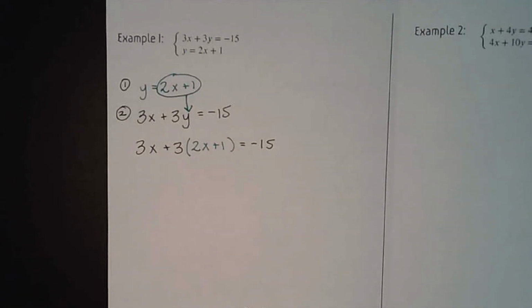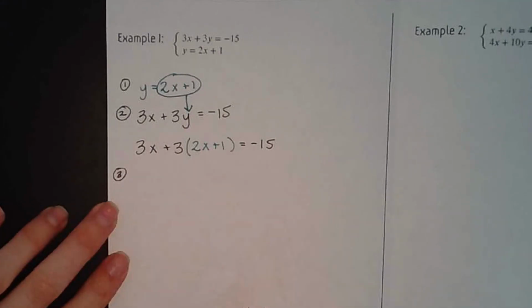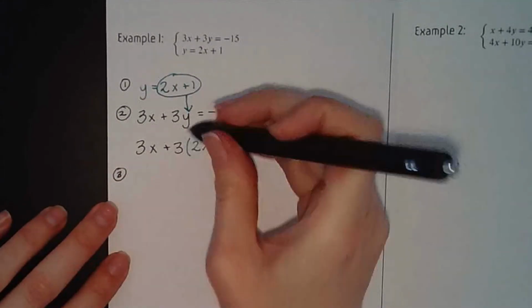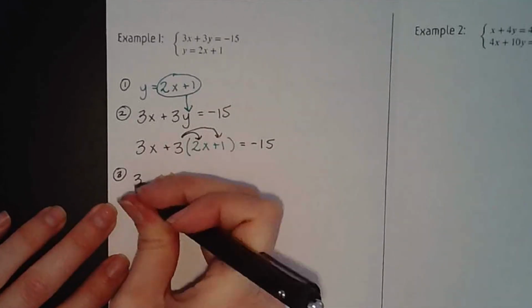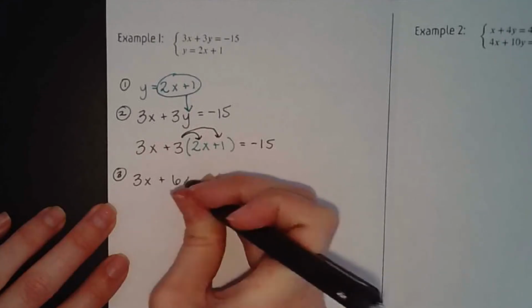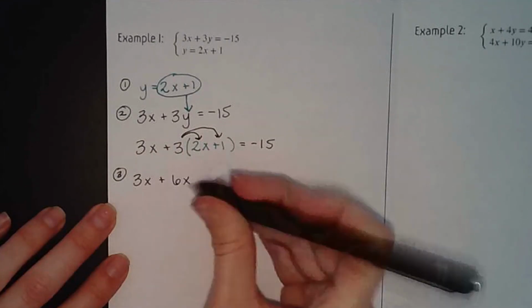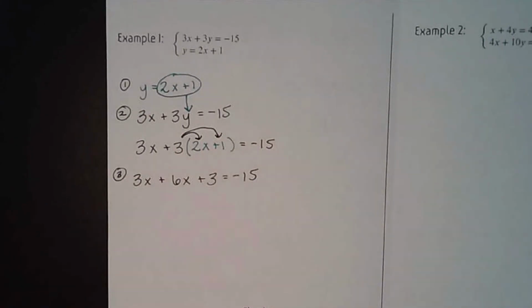We did the substitution. Step three says we need to solve this equation. So my first step to solve is to distribute. So now I have 3x plus 3 times 2x is 6x. 3 times 1 is 3 equals negative 15.